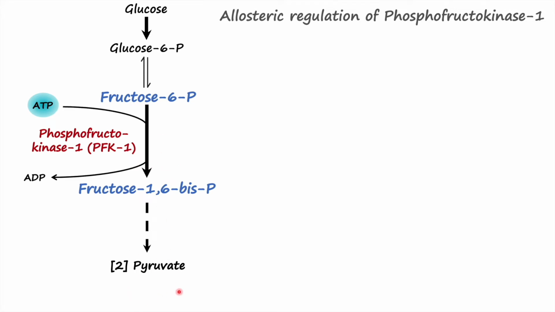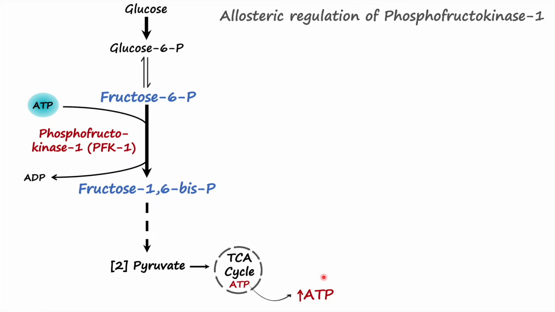Pyruvate is the end product of glycolysis, and it is then subsequently metabolized in the TCA cycle in mitochondria to synthesize ATP. However, if the cell synthesizes too much ATP, it indicates that ATP is being produced faster than it is being consumed. And this causes the accumulation of ATP inside the cell.